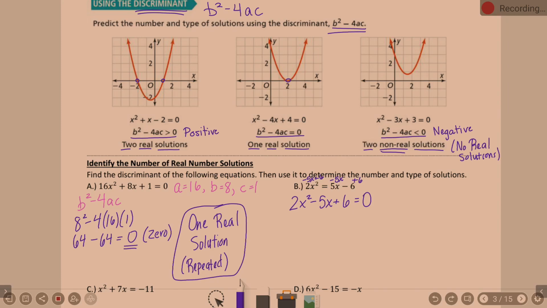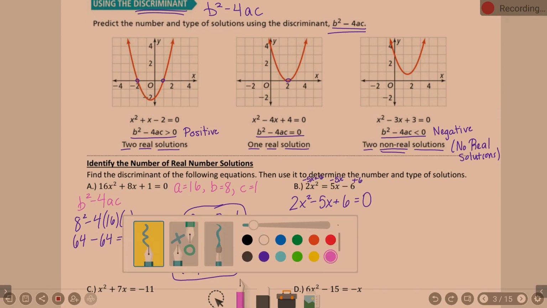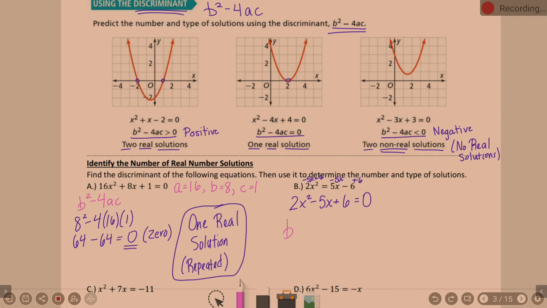Could you have subtracted 2x squared instead? You could. All your signs would just be the opposite, but it would still work. Well, we need to find the discriminant. B squared minus 4ac. I'm going to write down my ABCs. A is 2, it's in front of x squared.